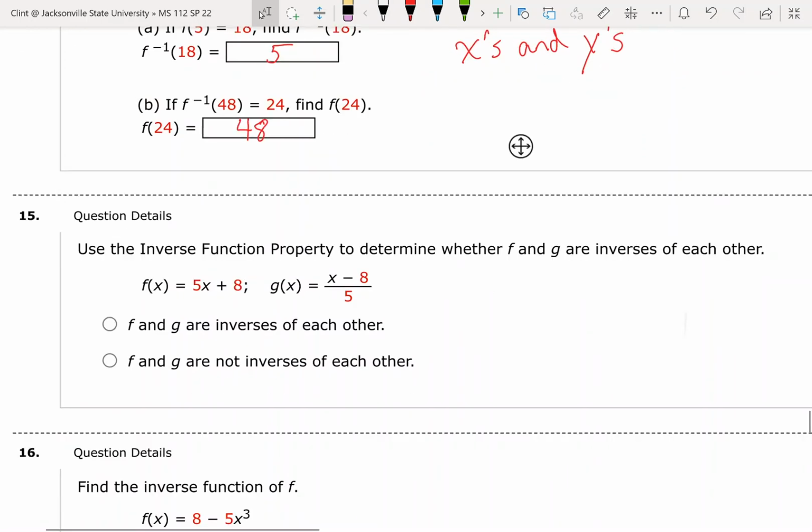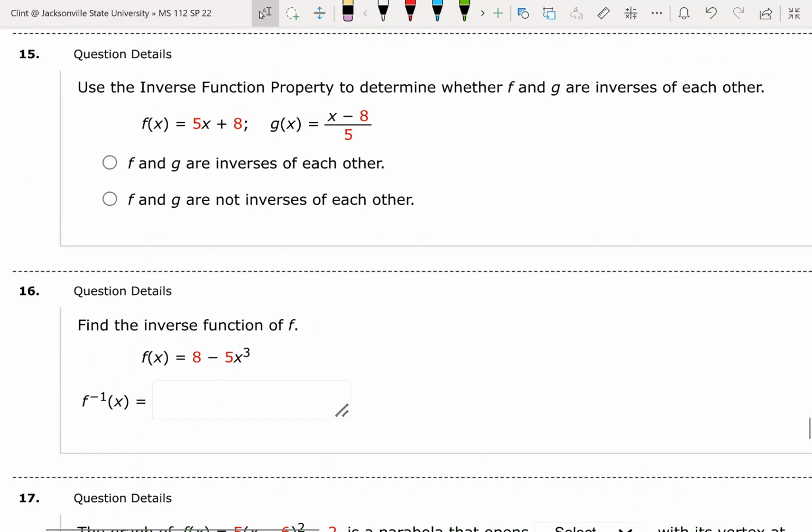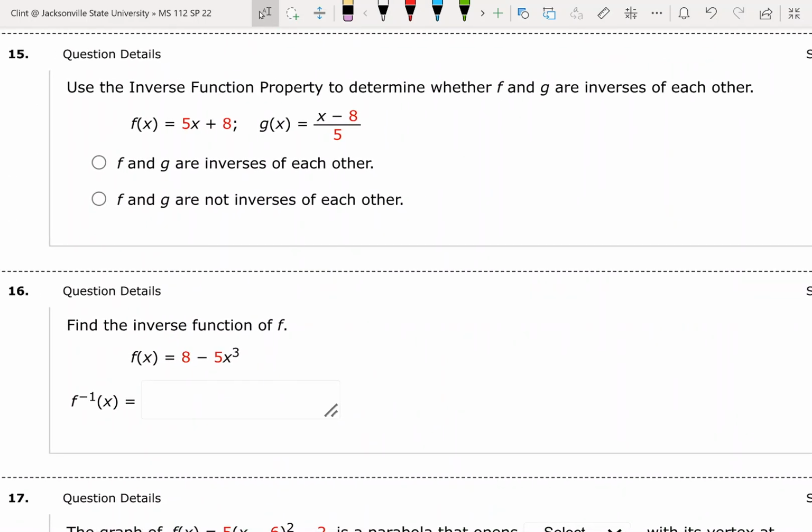Problem 15 is use the inverse function property to determine whether f and g are inverses. So what that inverse function property is, is that we need to find f of g of x and g of f of x.